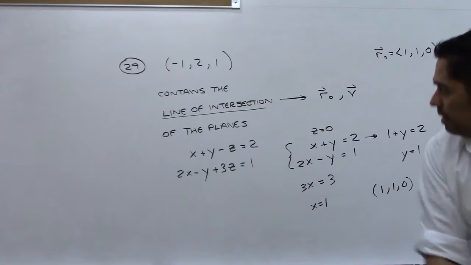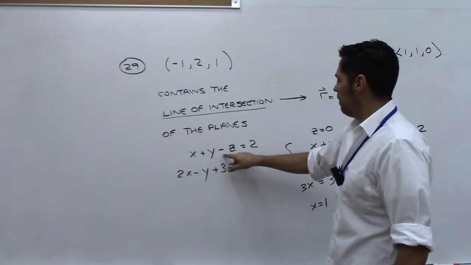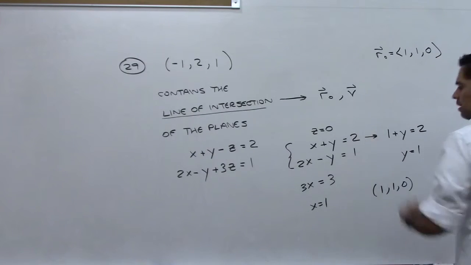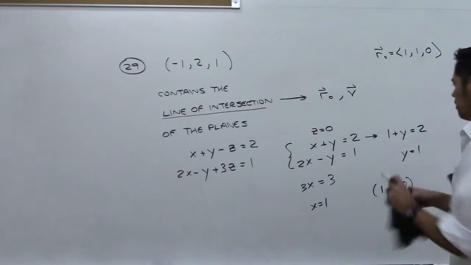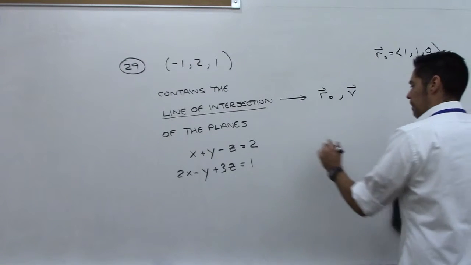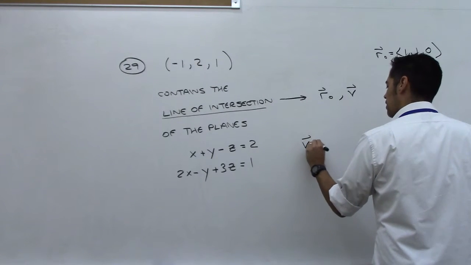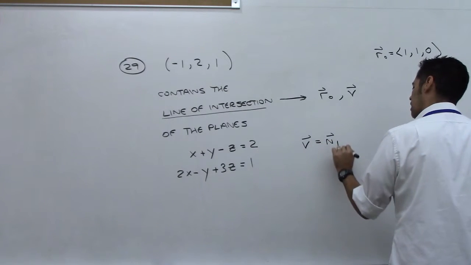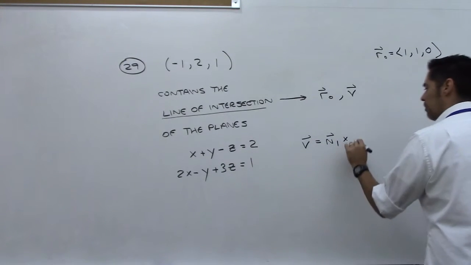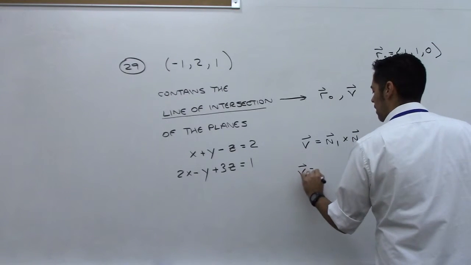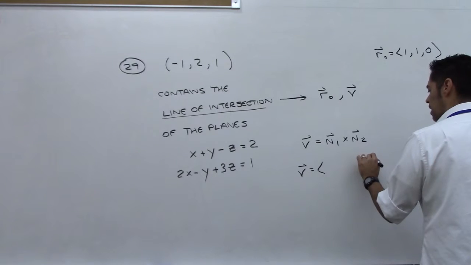So V here, my direction of my line of intersection, is going to be the normal of this plane, which I'm going to call normal 1, crossed with the normal of that plane, which I'm going to call normal 2.